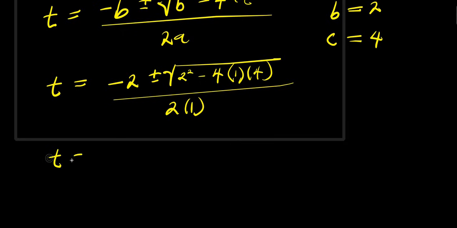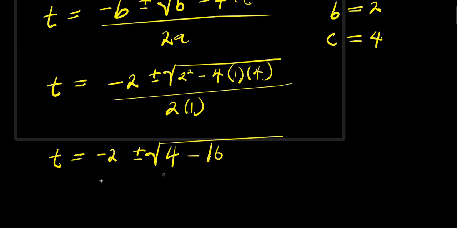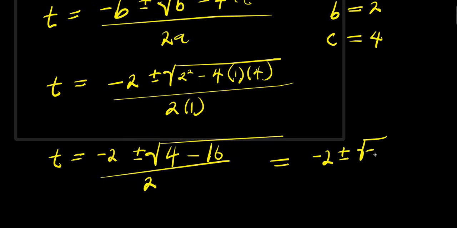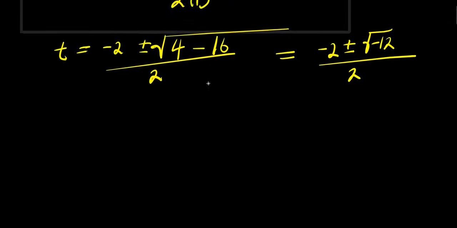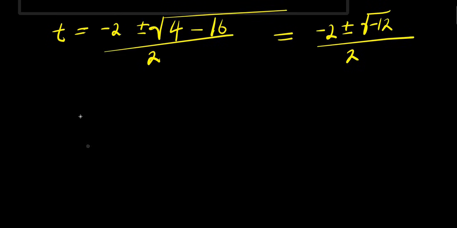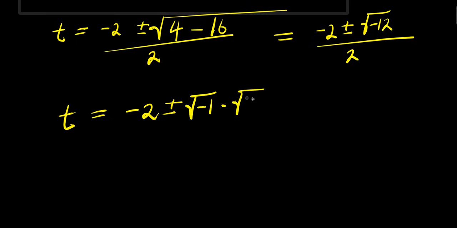So from here we have t equals negative 2 plus or minus square root of 2 squared is 4 minus 16 divided by 2. And this equals negative 2 plus or minus square root of negative 12 divided by 2. So from here, we have t equals negative 2 plus or minus square root of negative 1 times square root of 12 divided by 2.